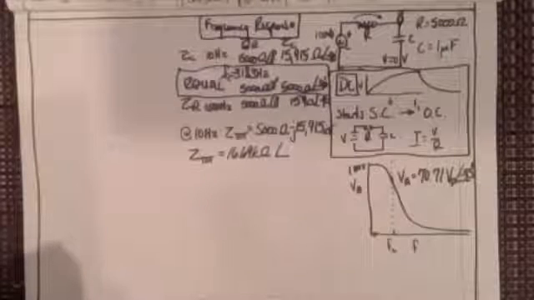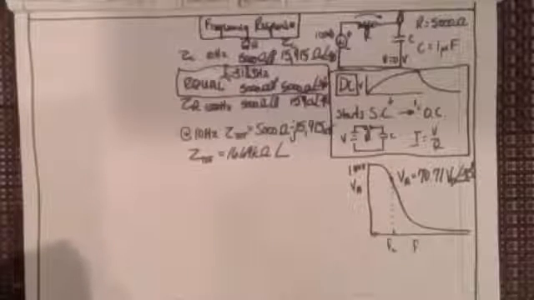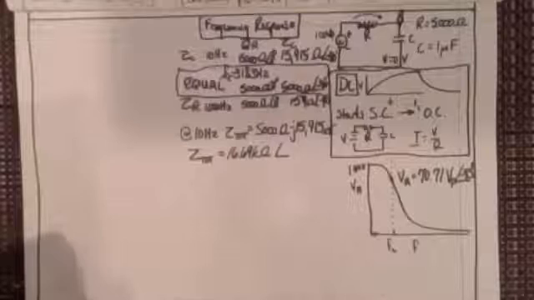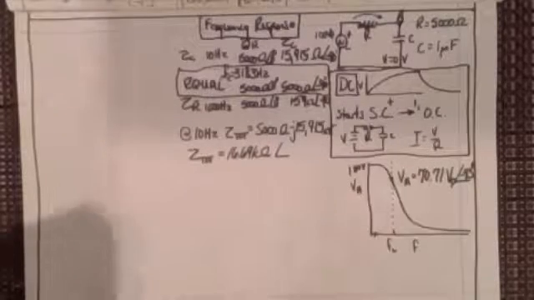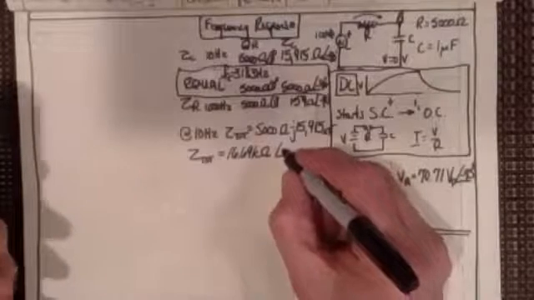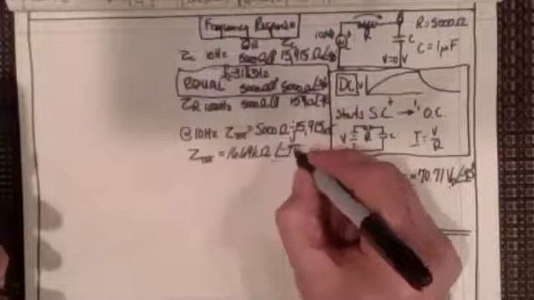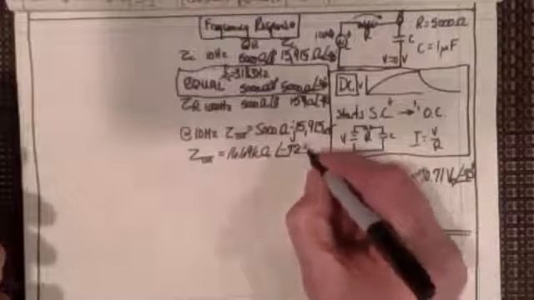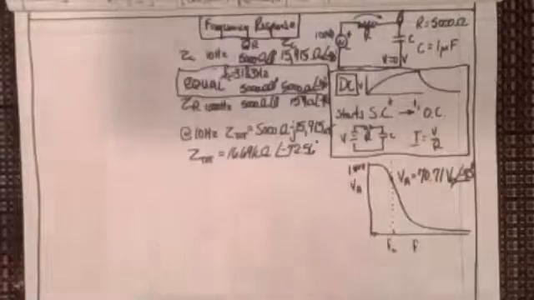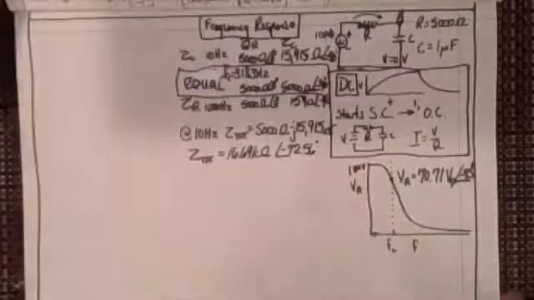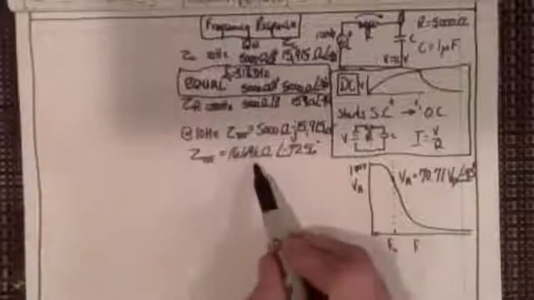Just a second. 15,915 divided by 5,000, and that quantity taken to the inverse tangent gives me minus 72.56 degrees. Okay, so 16.69 kiloohms at minus 72.56 degrees. Now that's a huge number, isn't it?